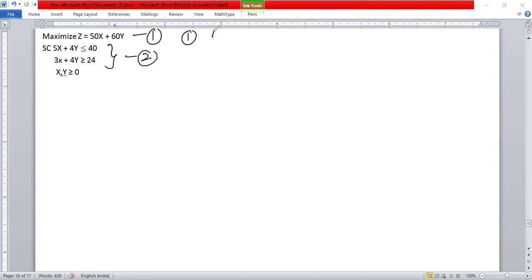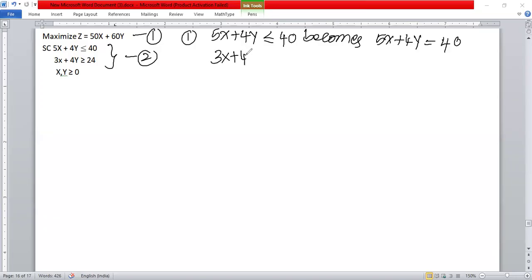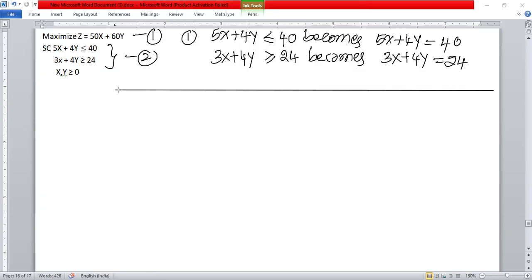So step number 1, 5x plus 4y lesser than or equal to 40 becomes 5x plus 4y is equal to 40. Similarly, 3x plus 4y greater than or equal to 24 becomes 3x plus 4y is equal to 24.